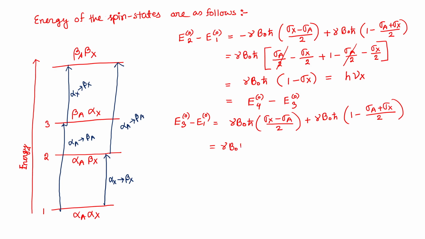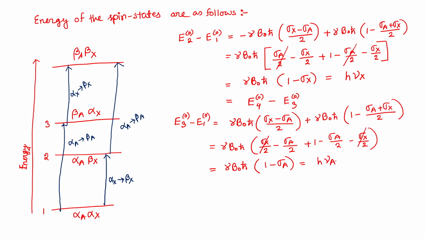Similarly, if I take this thing as common, I am going to get sigma X by 2 minus sigma A by 2 plus 1 minus sigma A by 2 minus sigma X by 2. Now your sigma X term is going to cancel, gamma B0 h cut 1 minus sigma A, and this is related to the energy difference between the spin state of A nuclei. And eventually you can show that this is also equal to the unperturbed fourth energy minus unperturbed second energy.